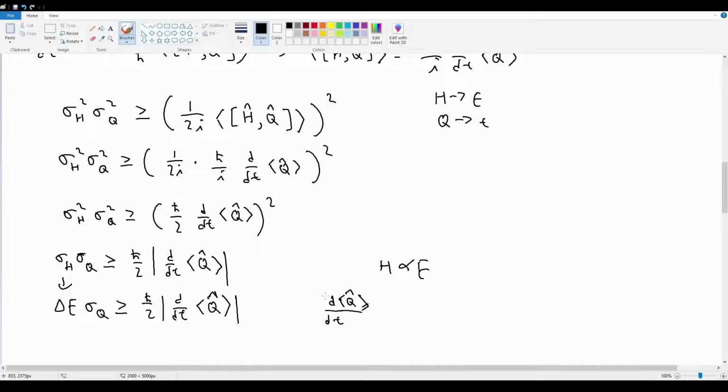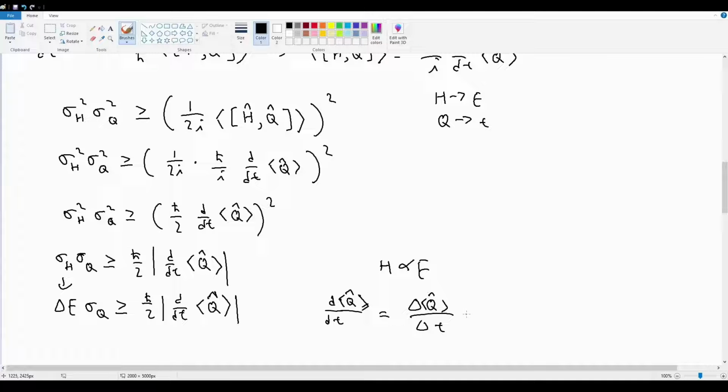Because remember, ultimately, a derivative is just equivalent to a change in something with respect to time, right? This is fundamentally equal to a change in the expectation of q hat over a change in time. So what ultimately is a change in the expectation value of q hat? Let's suppose, and this is going to seem like it comes out of nowhere, honestly, in my opinion, that the system changes by some sort of standard deviation.